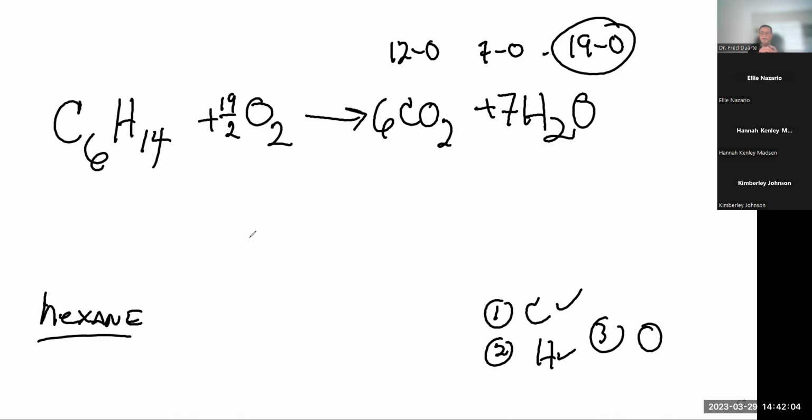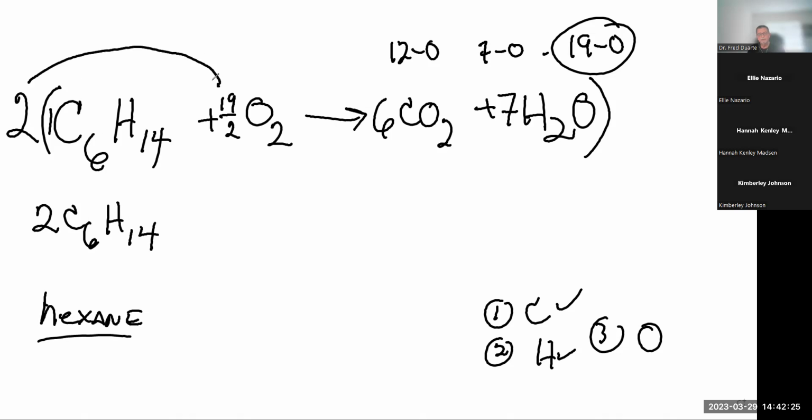Now, how do we get rid of that 2? Well, I'm glad you asked. We do that by multiplying everybody by 2, okay? So 2 times 1, this is a coefficient of 1, means that we get 2 hexanes, okay? 2 times 19 and a half, the 2's cancel.